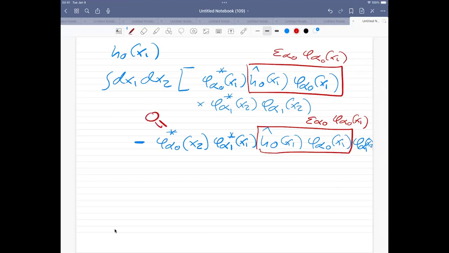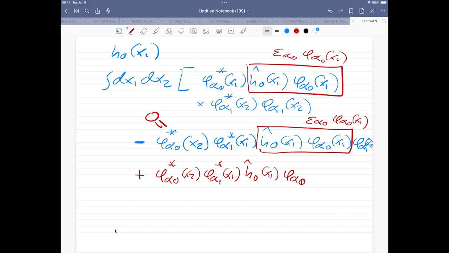Then we are going to get a new term here, which is going to run like a plus. So let's write that one out. There's going to be a phi alpha 0, x2. This is a cross term. I have a phi alpha 1 of x1, and then I have an h0 of x1 acting on phi alpha 1.